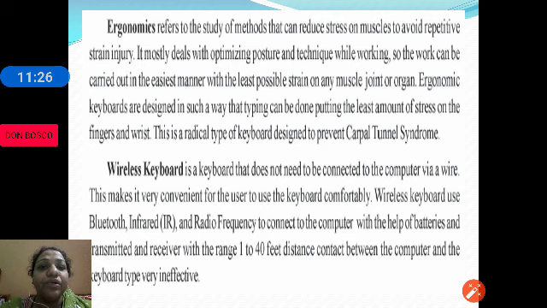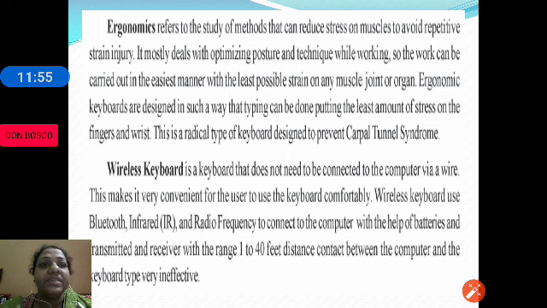When a keyboard is used repeatedly, there will be some sort of stress on the muscles, so it can be avoided with an ergonomic keyboard. It mostly deals with optimizing the posture and technique while working, so the work can be carried out in the easiest manner with the least possible strain on the muscle or joint.